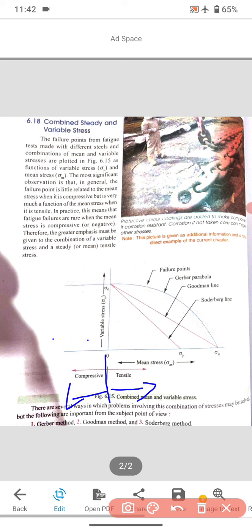So this graph is plotted against the tensile portion. But if you say, sir, there is some compressive effect and it is severe, don't worry, you can sketch the graph on the compressive side as well. So you may see the compressive effect also.